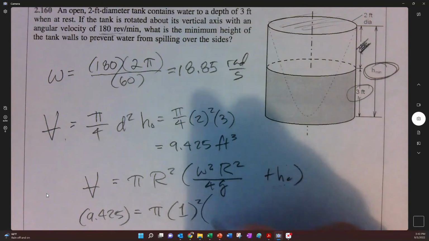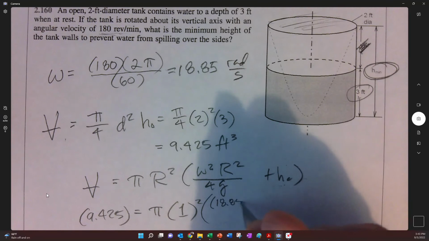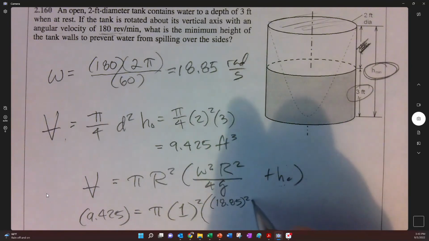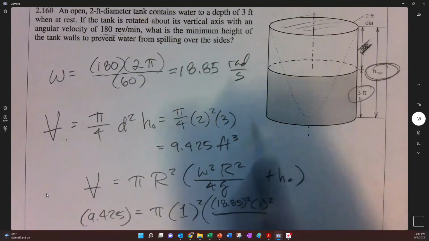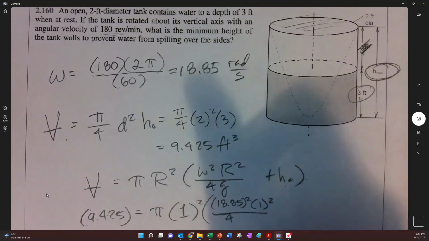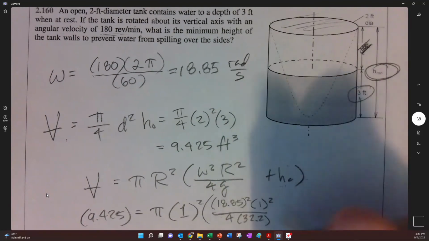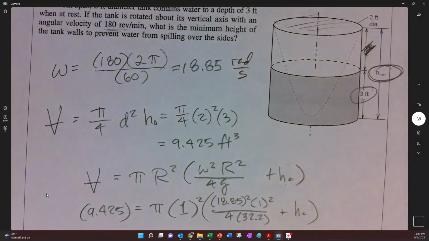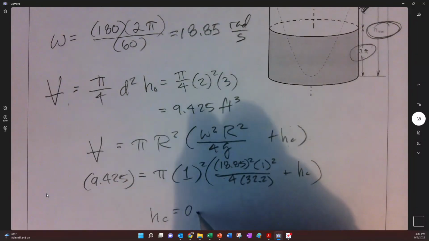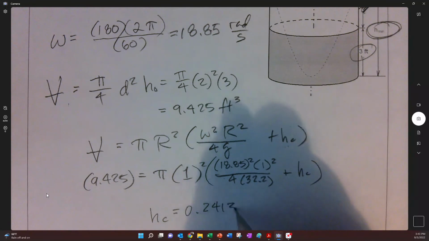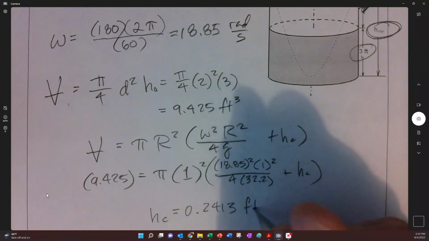Squared, kind of boring. And then omega squared, 18.85 squared, times the radius squared, divided by 4, and then also apply gravity. And now that we're in feet, we use 32.2, and then we add in HC. And from this, we'll be able to get what HC is. Throwing some numbers in there, 0.2413. So that's going to be the bottom height, right?